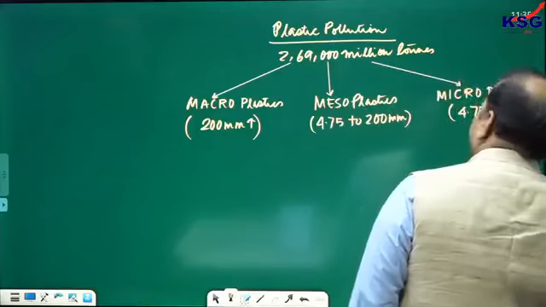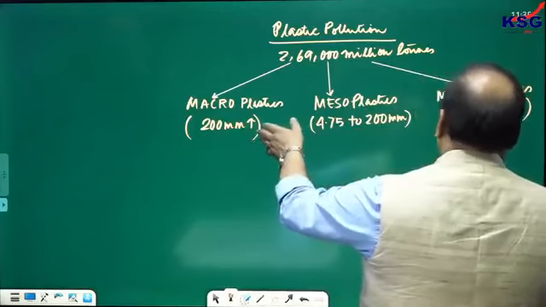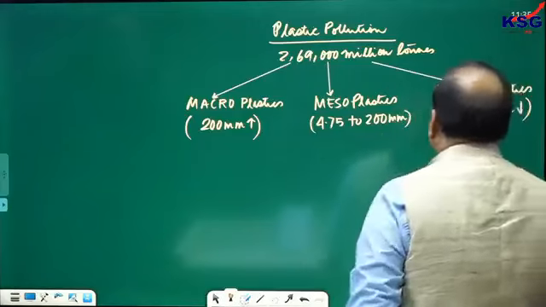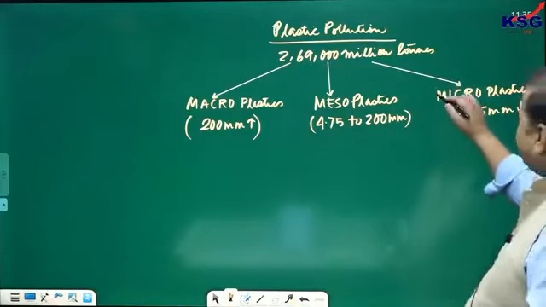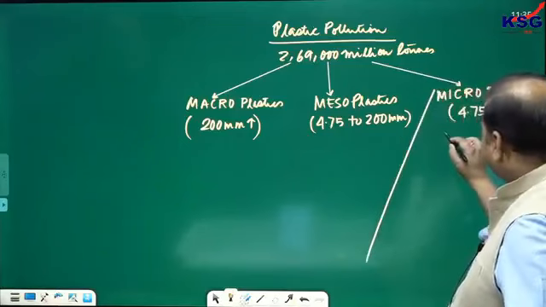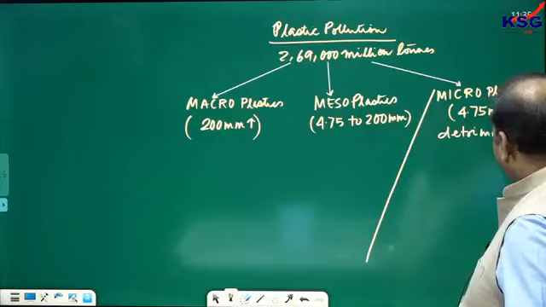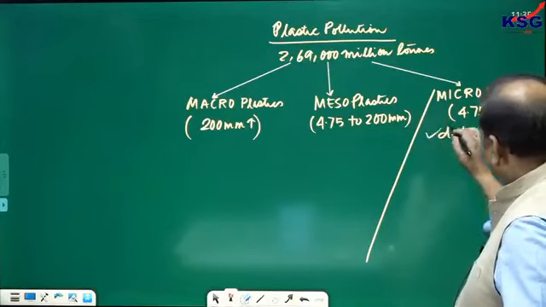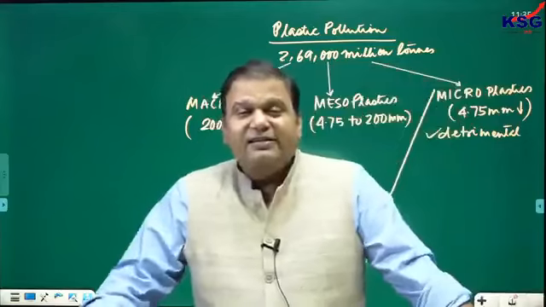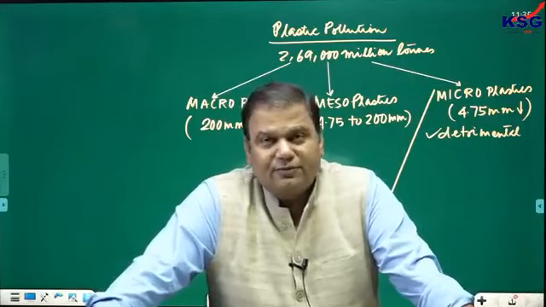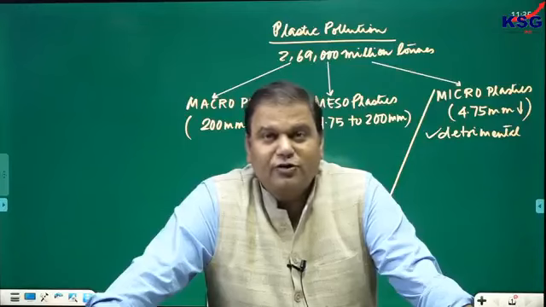Clear? And we can see the abundance present in the patch is macro, but more detrimental would be what? More detrimental would be microplastic. Write down. Microplastic is more detrimental. And why are we saying more detrimental? Because it enters the food chain of the marine ecosystem and is bioaccumulative in nature.